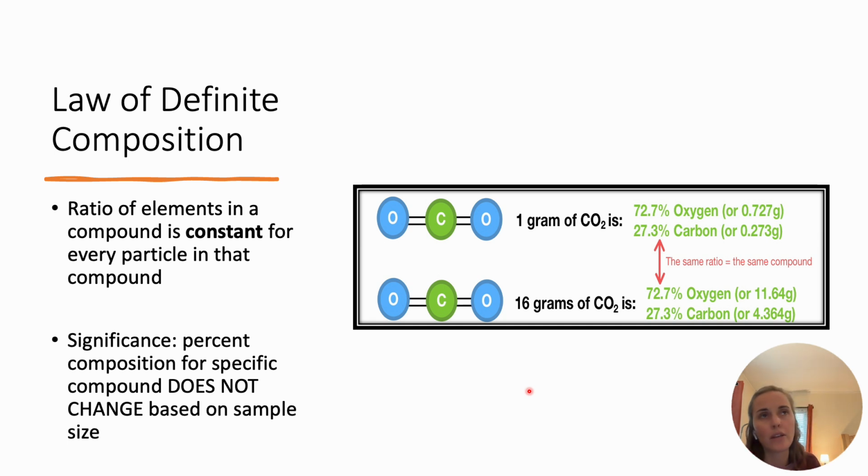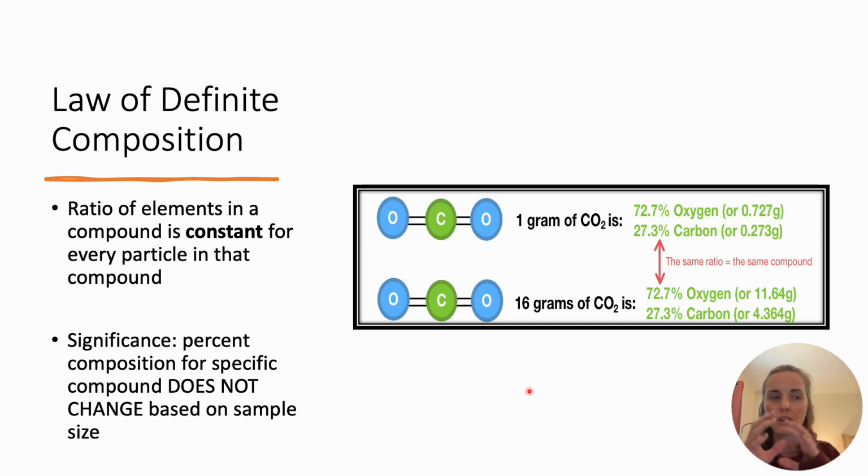Because you're talking about carbon bonded to 2 oxygens. That is never going to change. That compound will always be carbon bonded to 2 oxygens, regardless of how much or how little you have. If you're talking about CO2, you will always have 72.7% oxygen and 27.3% carbon.